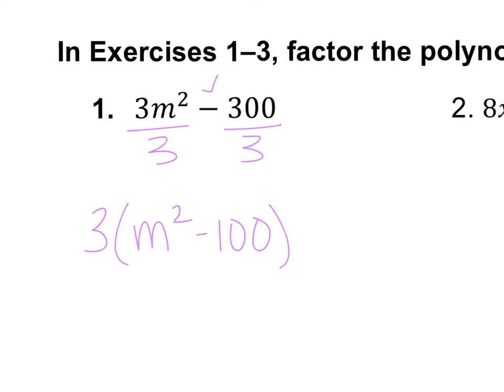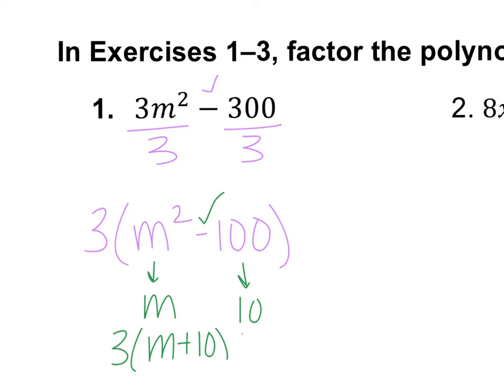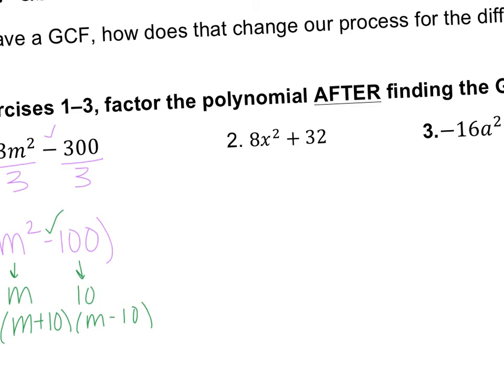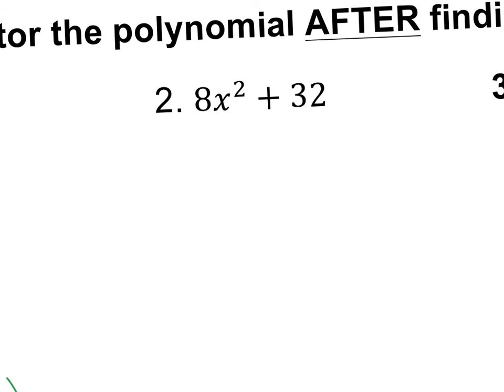So now, can I take the square root of m squared? M. Good, m. Can I take the square root of 100? 10. And do I have a difference? Yes. So now I can write 3, and then I still get my m plus 10 and m minus 10 pattern. Okay? So make sure that even on these ones, we can still look for a GCF, and that still might be something that we have. Okay? Let's look at 2 together, and then I'll turn you loose for 3 and 4.